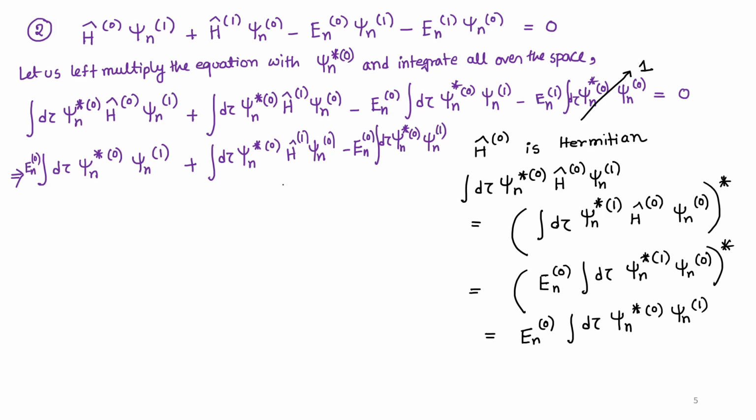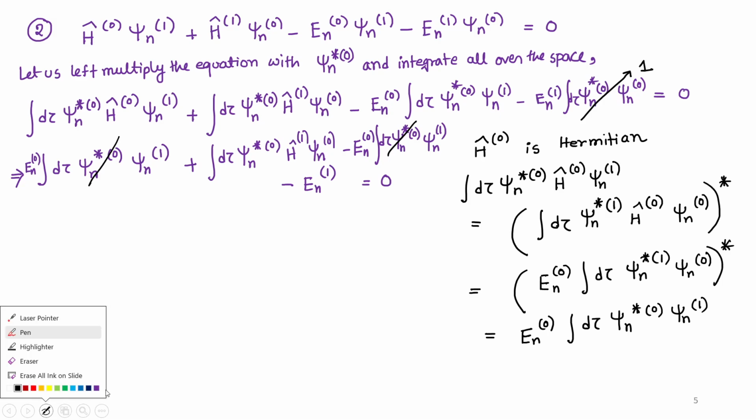And these are En 1, because this part is the normalization condition and equals 0. What I was telling you is that the first and the third terms are equal and opposite, so they will cancel each other and lead to this.